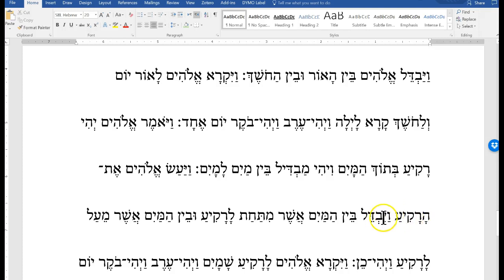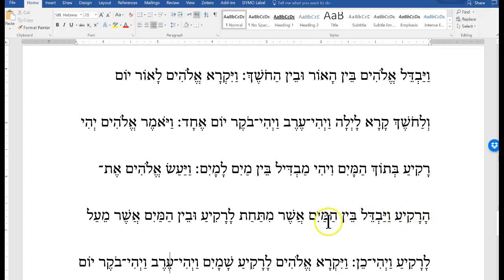And it divided, so this is a Hiphil imperfect, or is it the Rakia divided? So grammatically it can be either one of those. And it divided. I think since the participle here modifies Rakia, it's going to be the Rakia that divides.